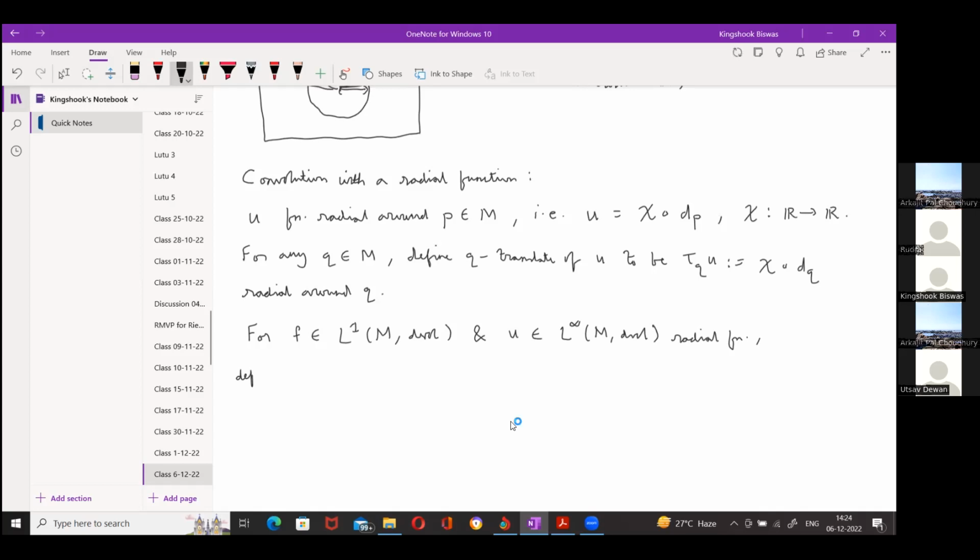So you define the convolution f convolved with u at Q to be the integral over M of f of x times the Q translate of u of x d vol x.